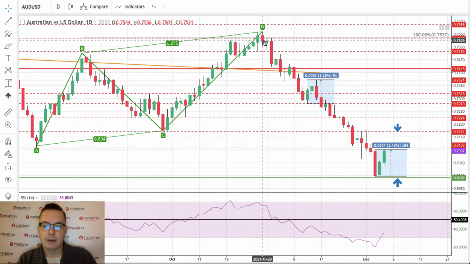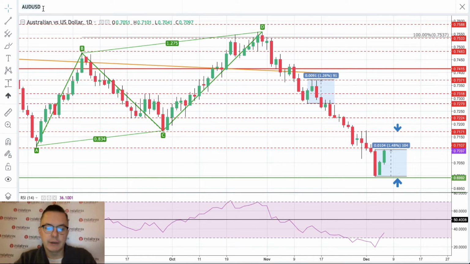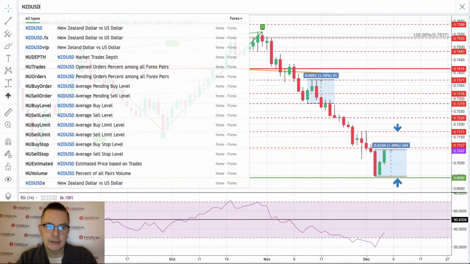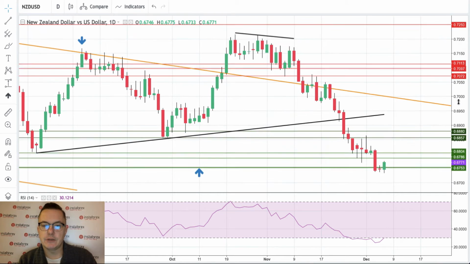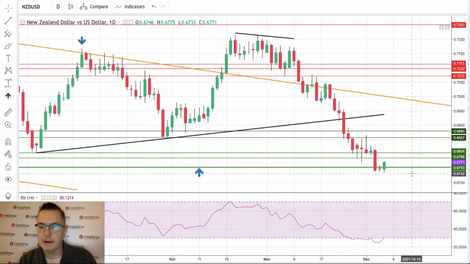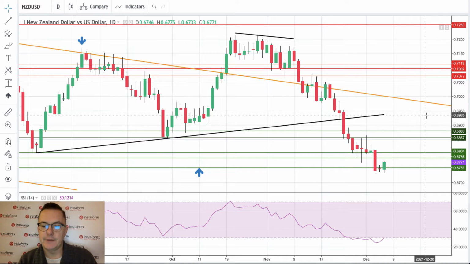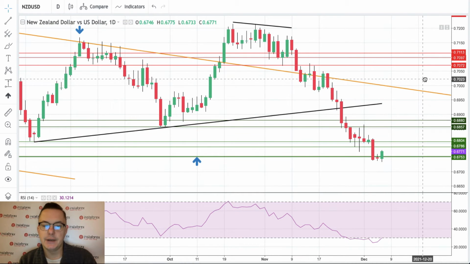So Australian dollar going down. New Zealand dollar, what is going on here? As you can see, the same situation. We broke below this low of 6,857, below the short-term trend line, and now we are bouncing from 6,753.